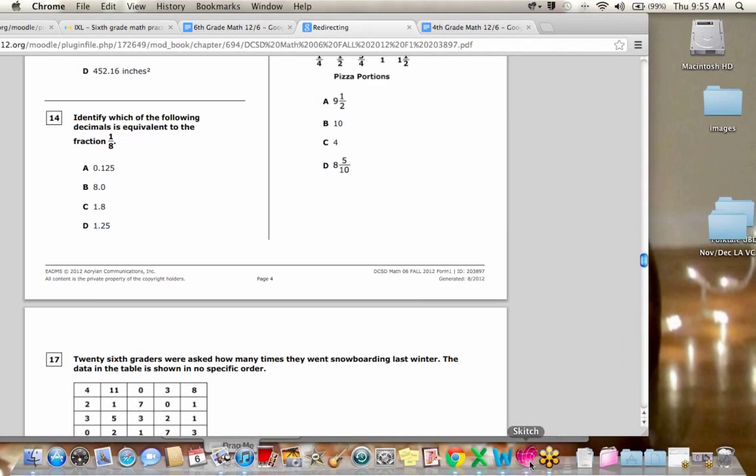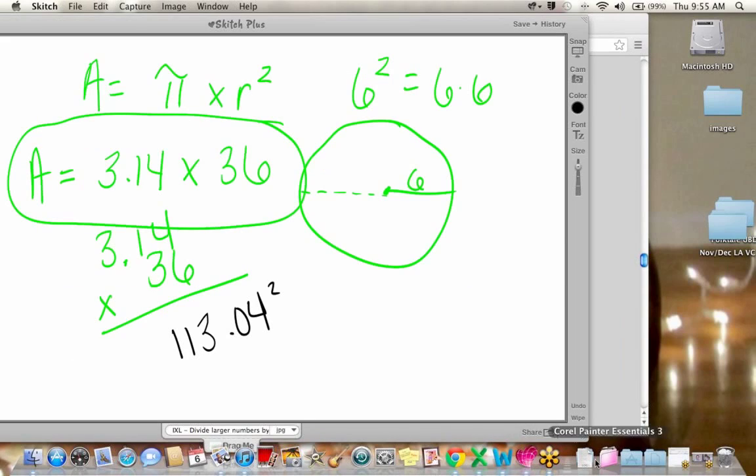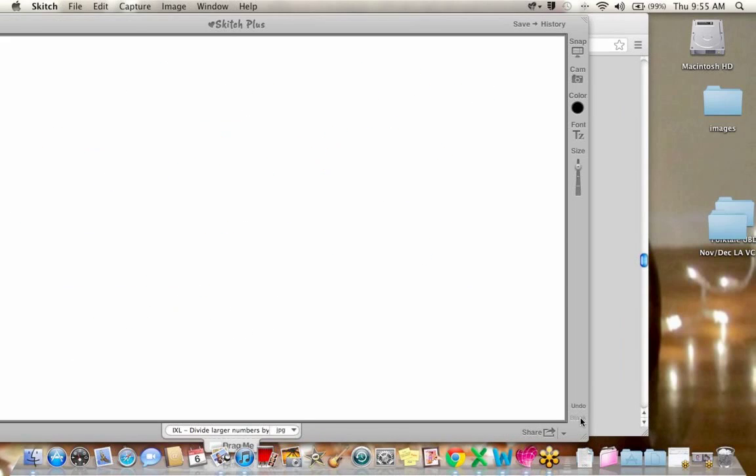Okay. So eventually, you're probably going to be able to just recognize certain decimals and fractions and what that equals. But for now, let me show you how to find it if you don't know how to turn a fraction into a decimal. You will make it a division problem.